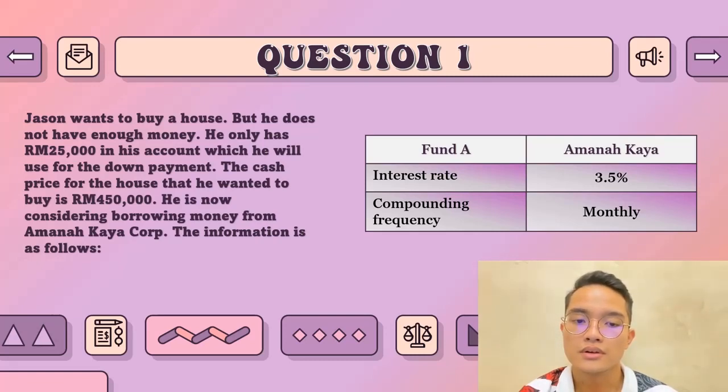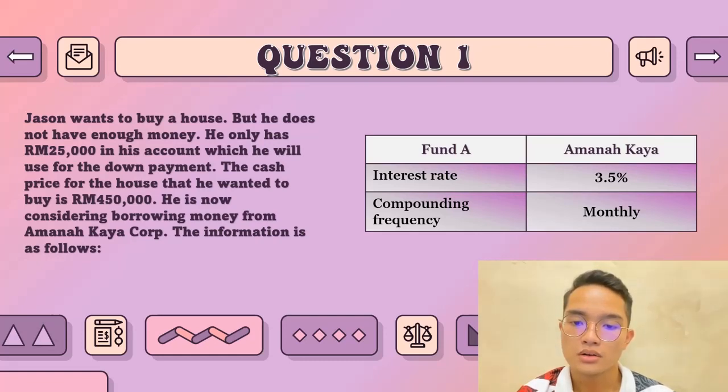So the information for this question is Fund A. The interest rate for Amanah Kaya is 3.5%, or converted to decimal, 0.035.